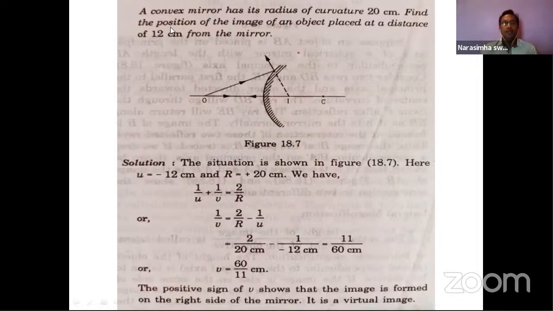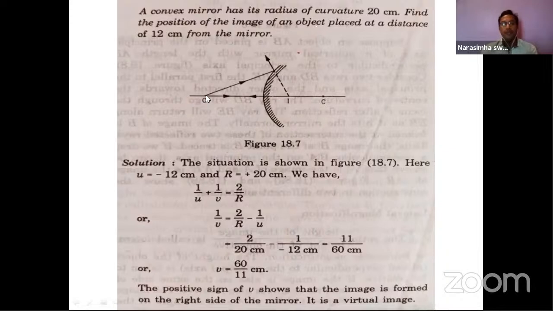Find the position of the image of an object placed at a distance of 12 centimeters from the mirror. So here is a convex mirror. Observe, the sign conventions need to be handled very cautiously here. The object is placed at a distance of 12 centimeters from the mirror.